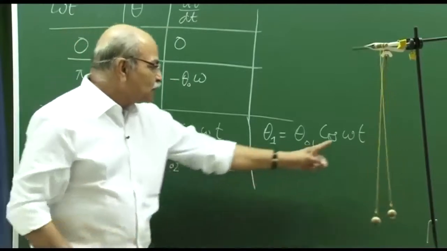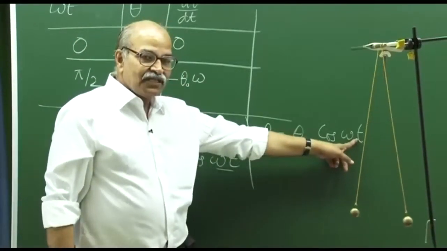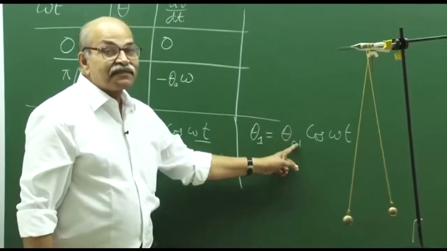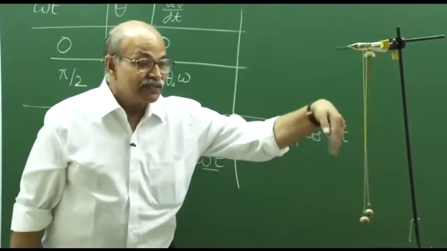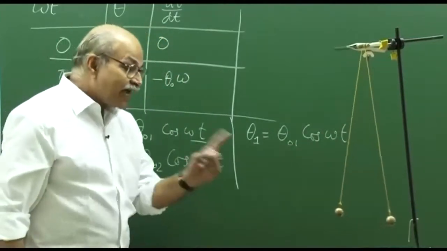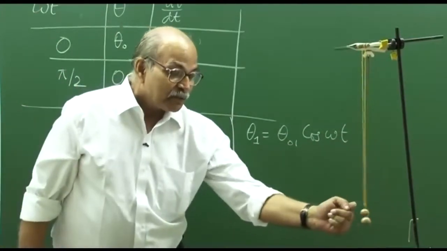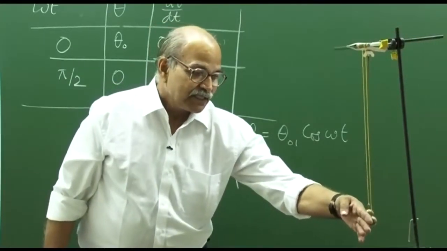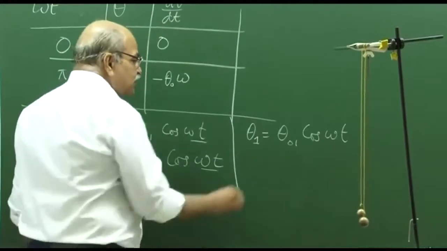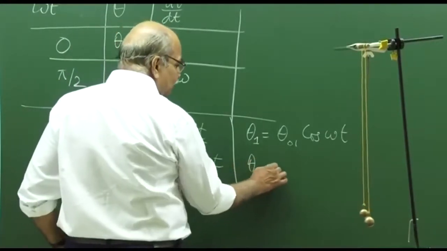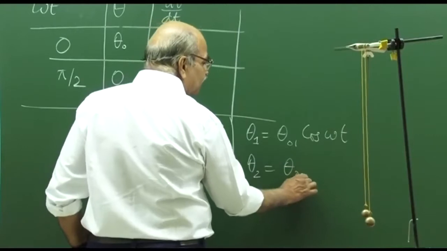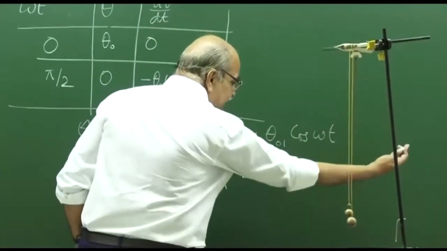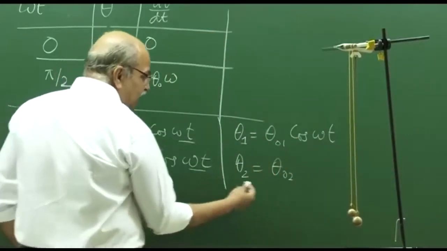At t equal to 0, the first pendulum is at its positive extreme, at its left extreme. At that instant, this second pendulum must be at the right extreme. So that means for the second pendulum, my equation should be theta 2 equal to some amplitude and then negative of this, when this is at left extreme, this is at right extreme and so on.